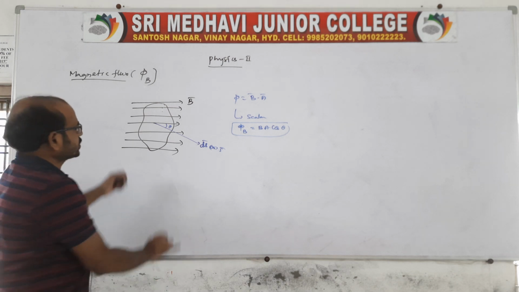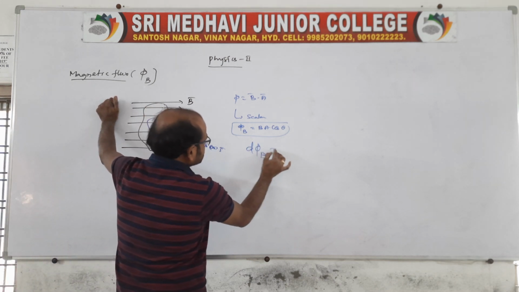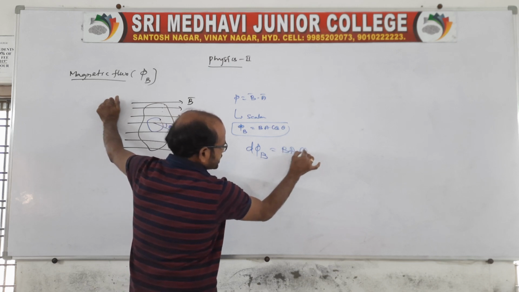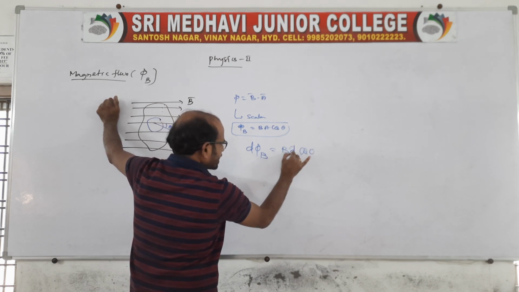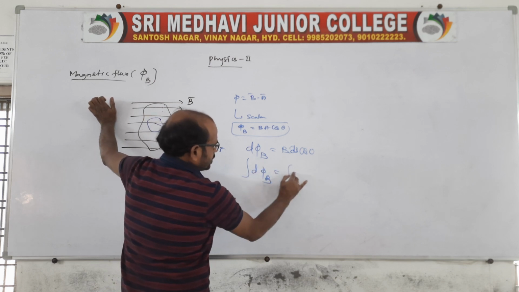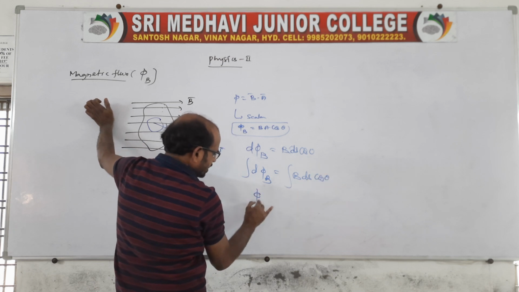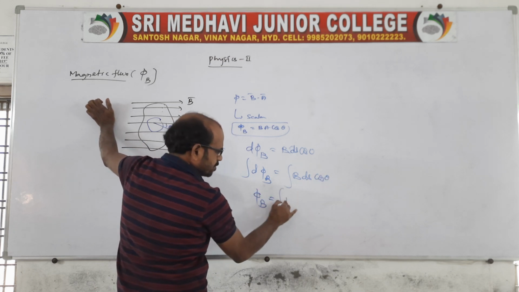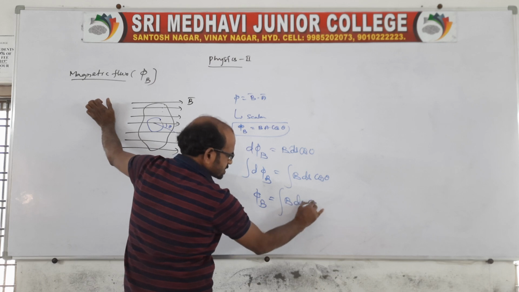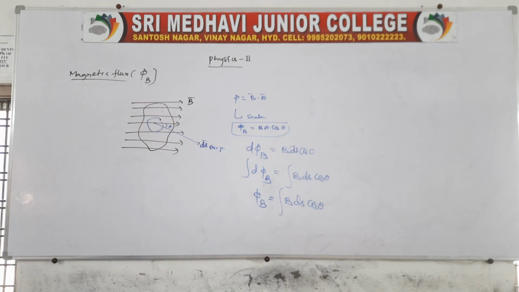And here, for a small area, you take dφ_B equal to B dS cos theta. Then you apply the integration method: the integral of dφ is φ_B equal to the integral of B dS cos theta. This is very important and everyone remember.